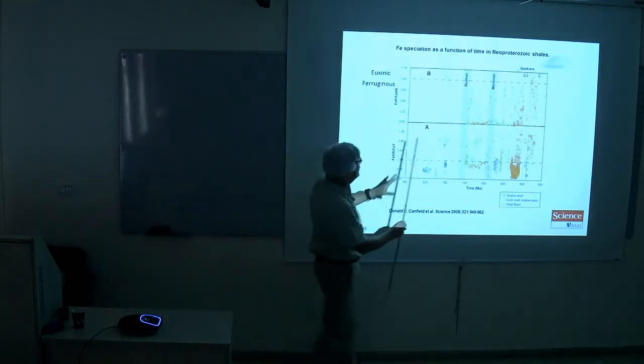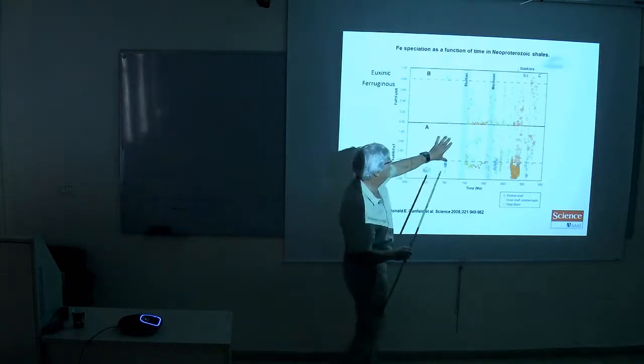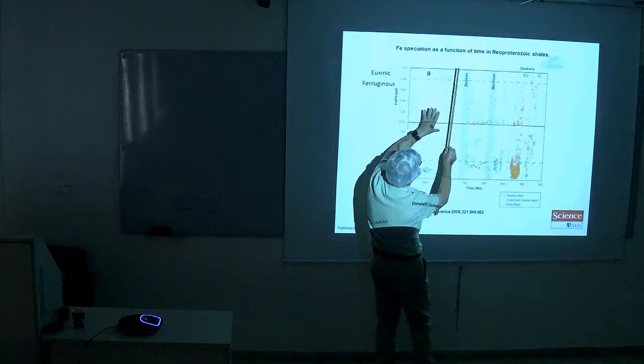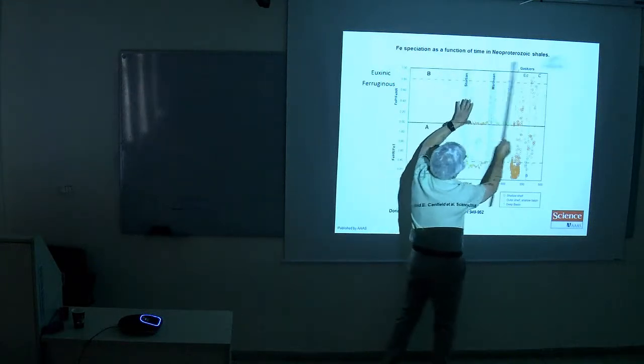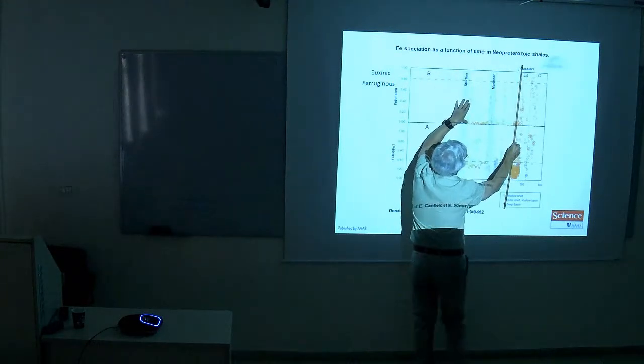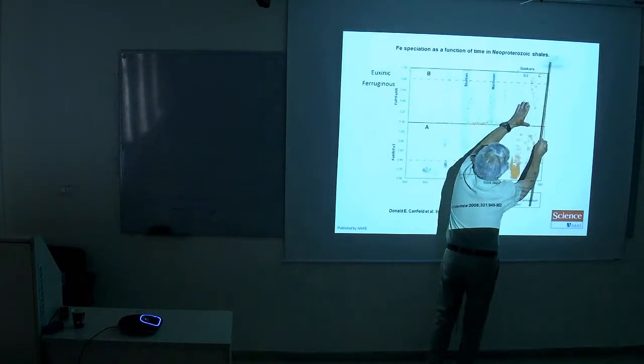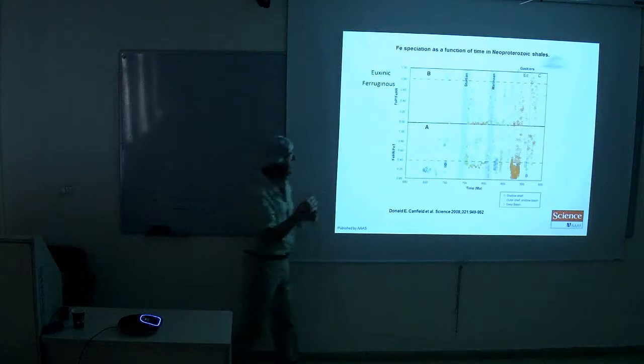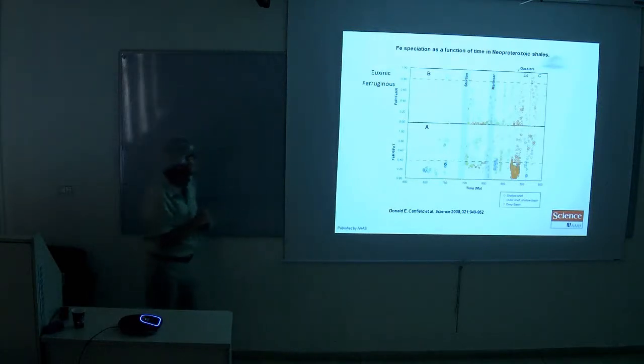These are hundreds of samples they took, from all over the world. And so you move from euxinic to ferruginous, and then back finally to euxinic, before the modern day oxic oceans developed.